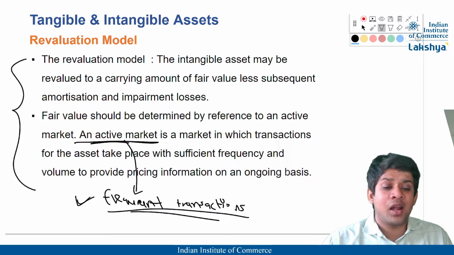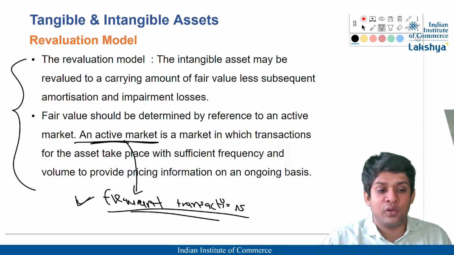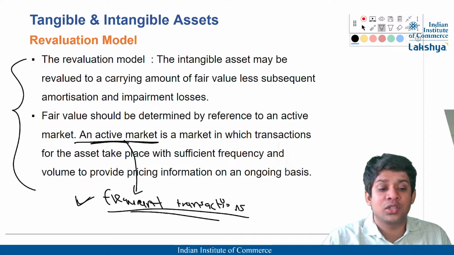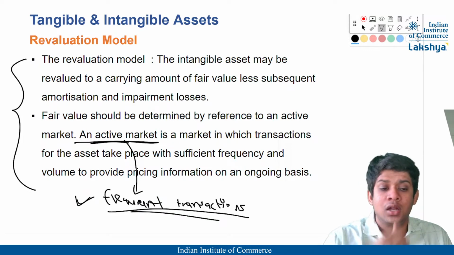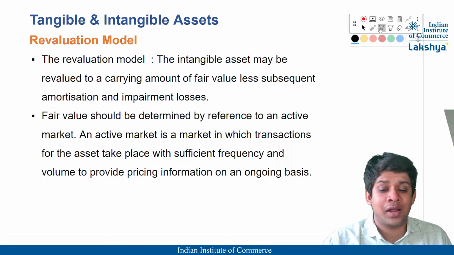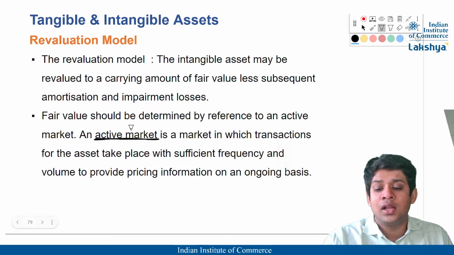I can identify in the market directly what the cost of that iPhone 13 is. A one-year-old iPhone 13, how much could it be sold for? Recently there was a one-year-old iPhone 13 which was sold for 40K. So I can have frequent transactions because of which I can determine the current market value. That would indicate that yes, it is an active market.